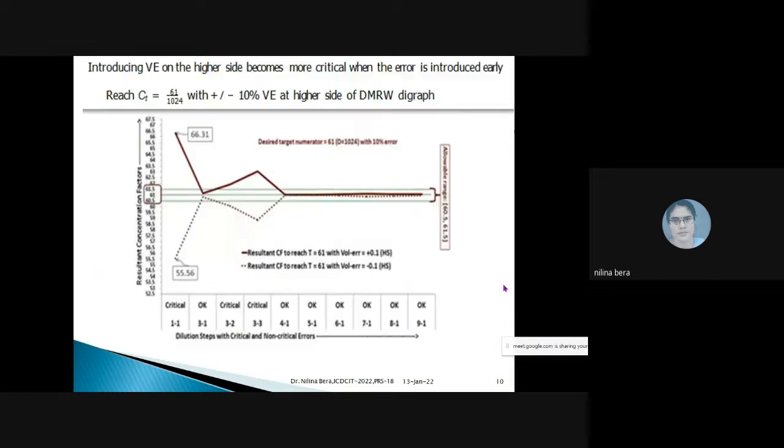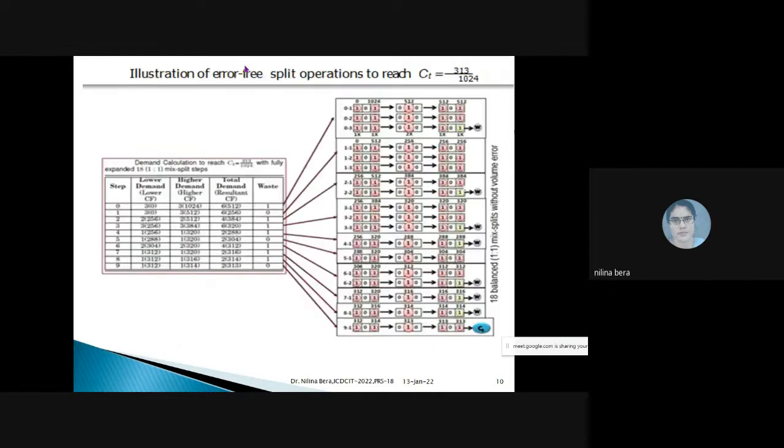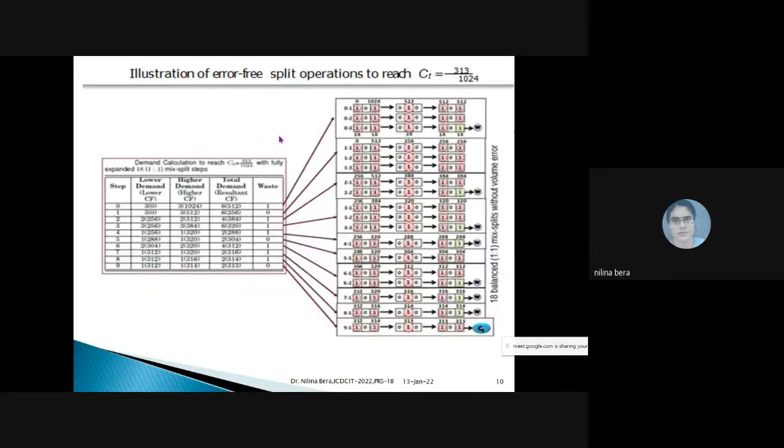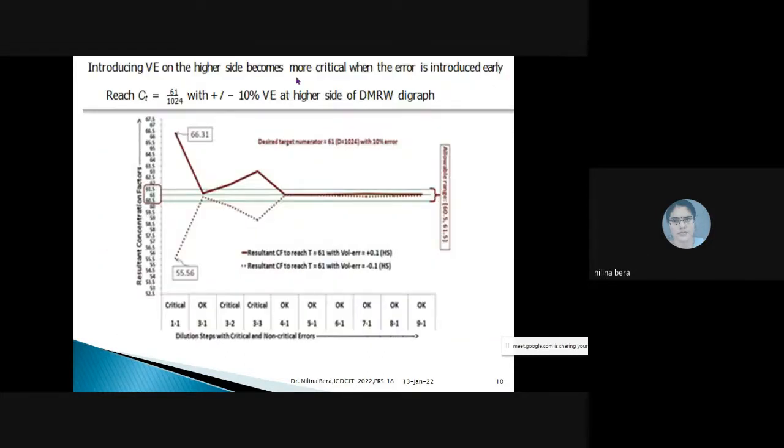Now we have observed the performance of DMRW. We observe that if we introduce volume error on the higher side of the diagram, the right-hand side, and the left-hand side is the lower side, it becomes more critical when the error is introduced early.